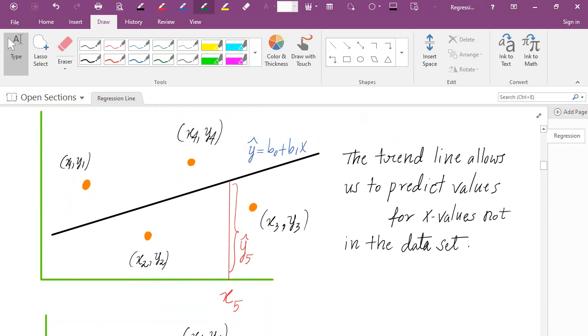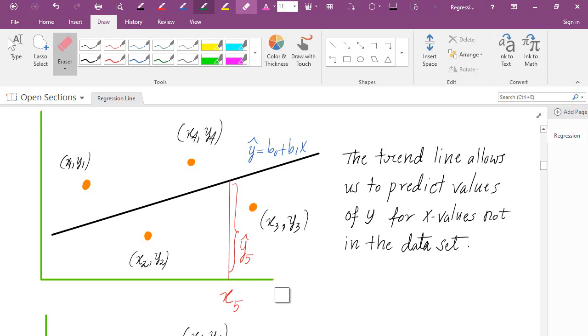The trend line will allow us to predict the values of the response variable y for x values that are not in the data set. So here's what I mean by that.